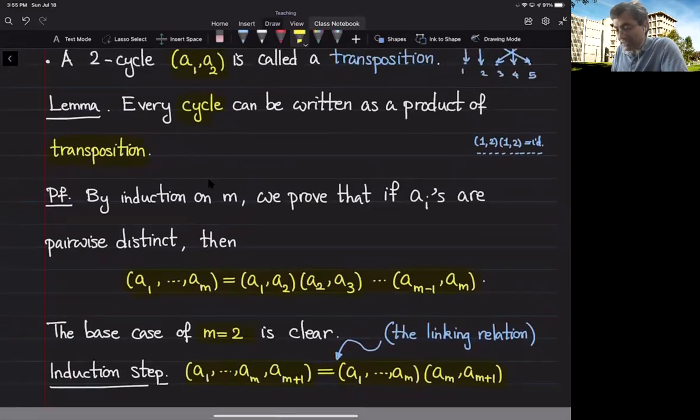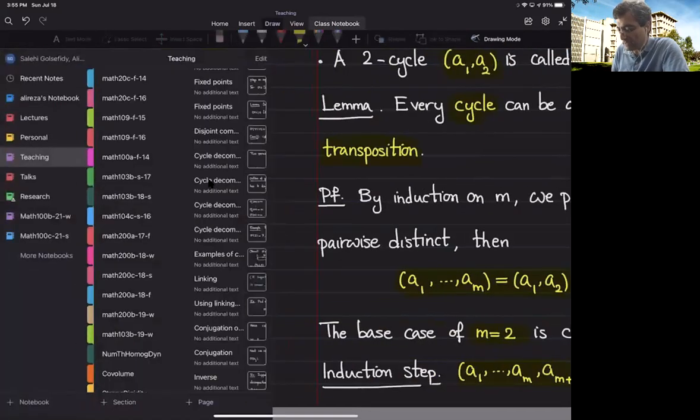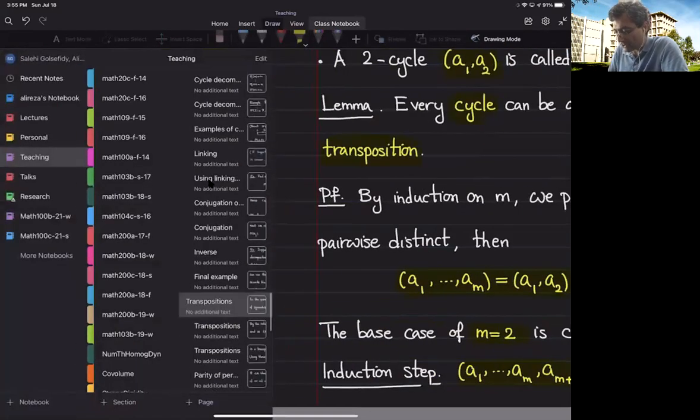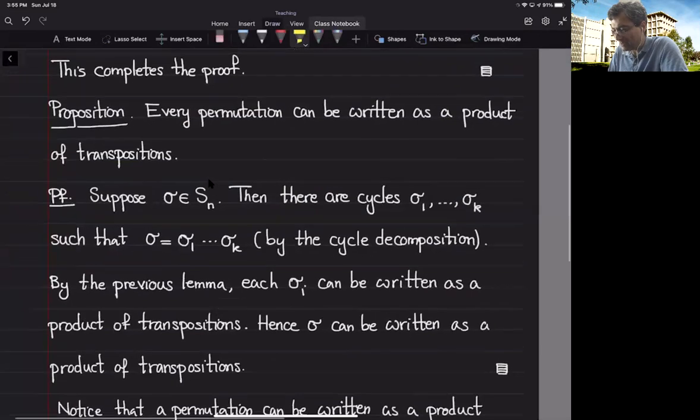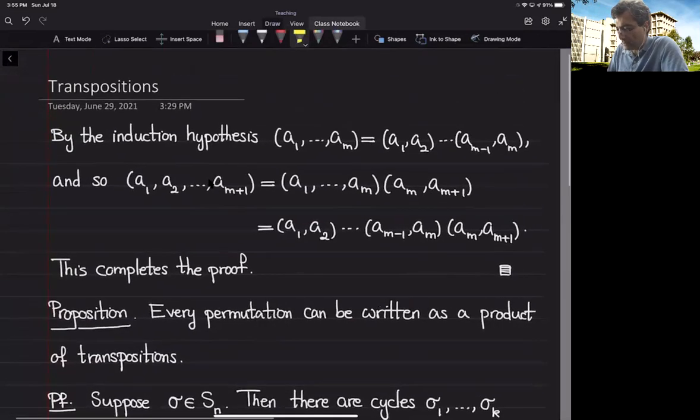Now, by the induction hypothesis, I know that the first m cycle can be written as this product. I put them together and I get the desired relation. So by the induction hypothesis, I know that this m cycle is equal to the product of these m minus 1 transpositions.